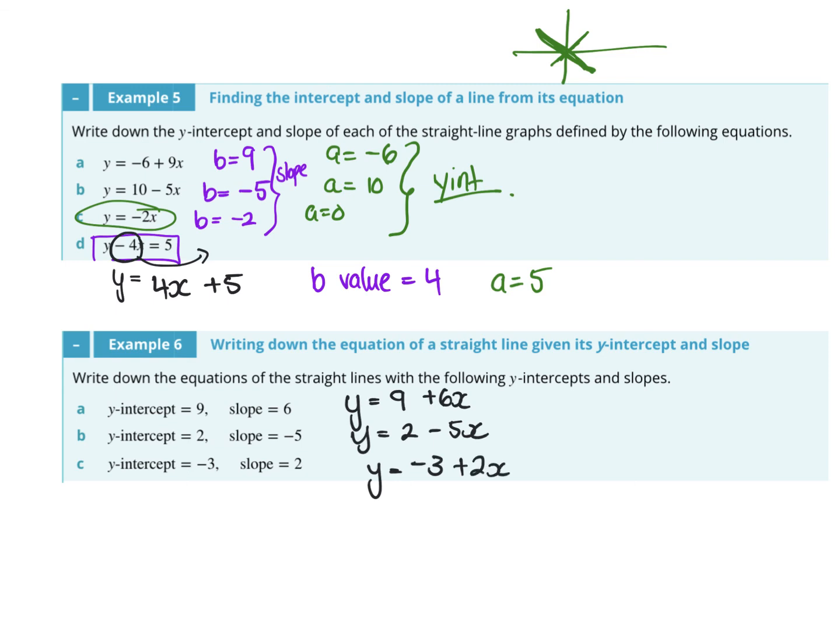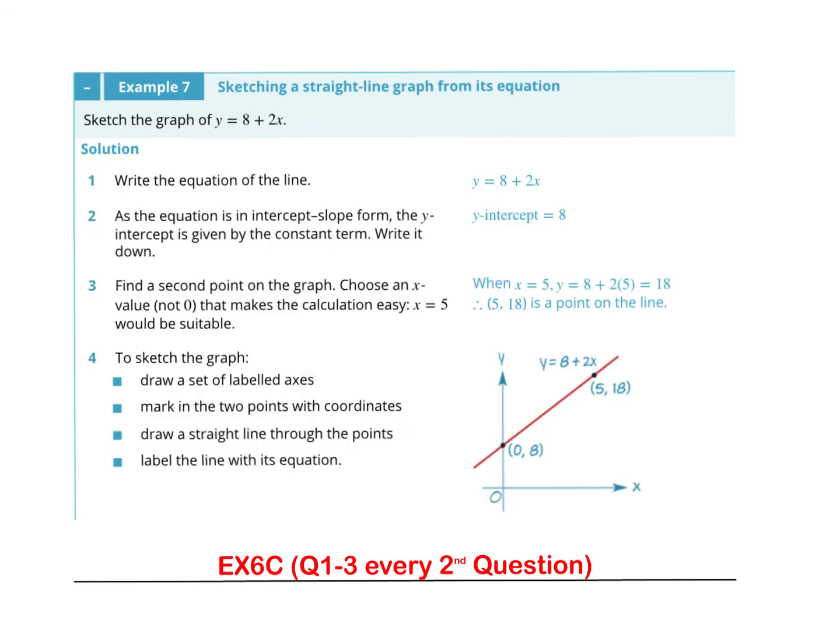These are our b values, and these are our a values. We just need to get really familiar with it because we are changing the letters around on you. We're just trying to get it in your head to remember that.